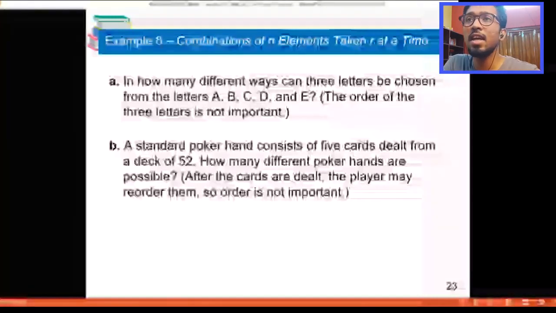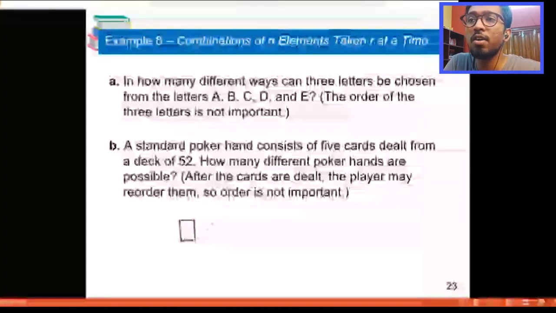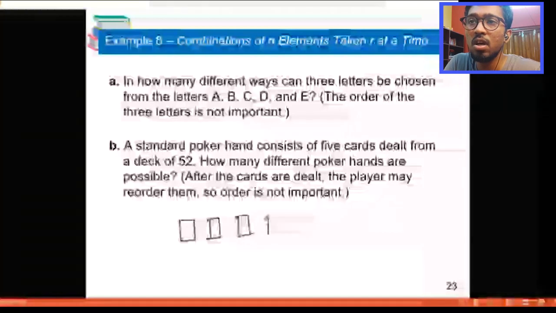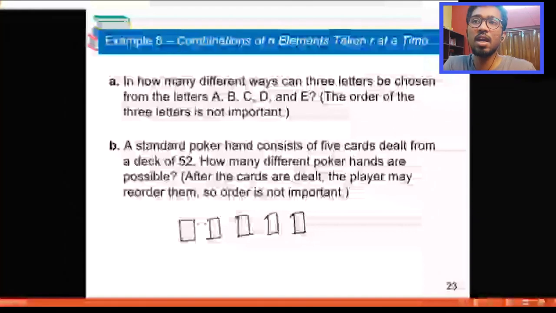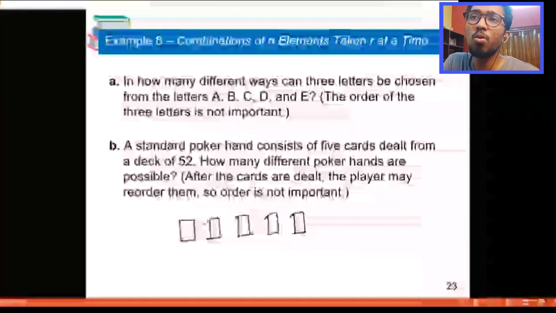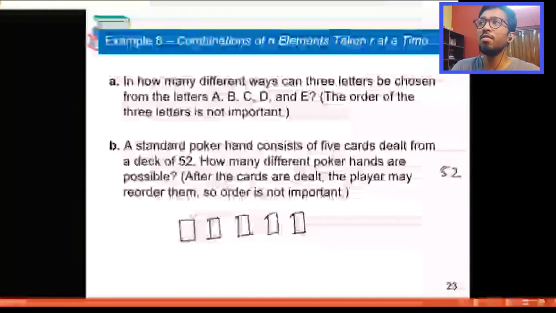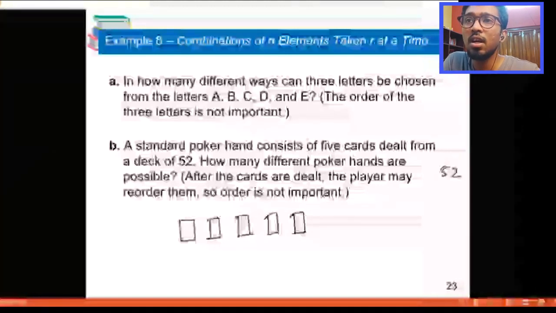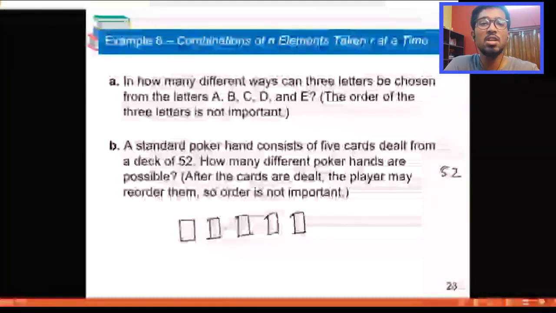Here you have to find how many different 5-card hands we can make from 52 cards. First you have to understand whether the order is necessary or not.